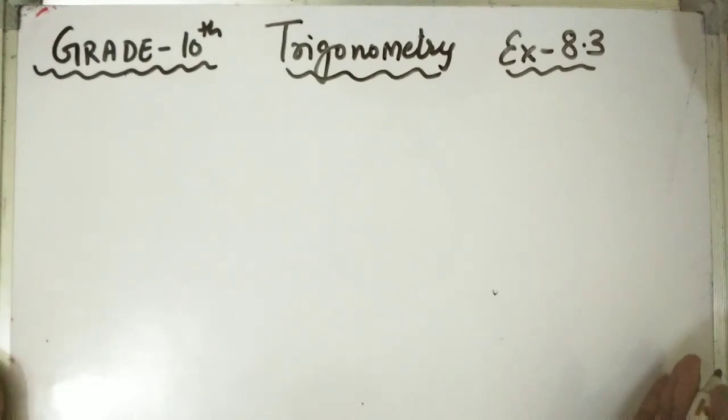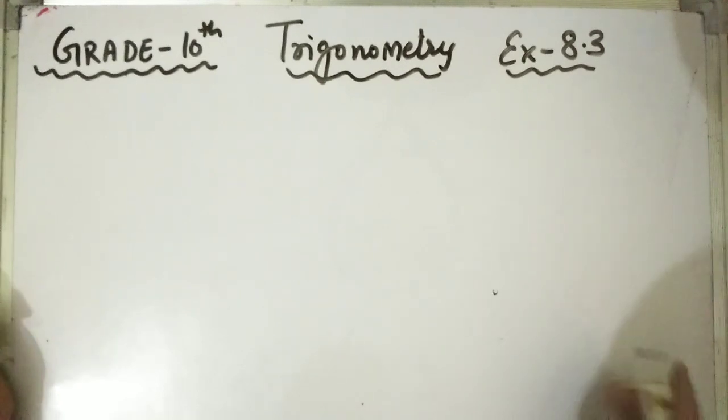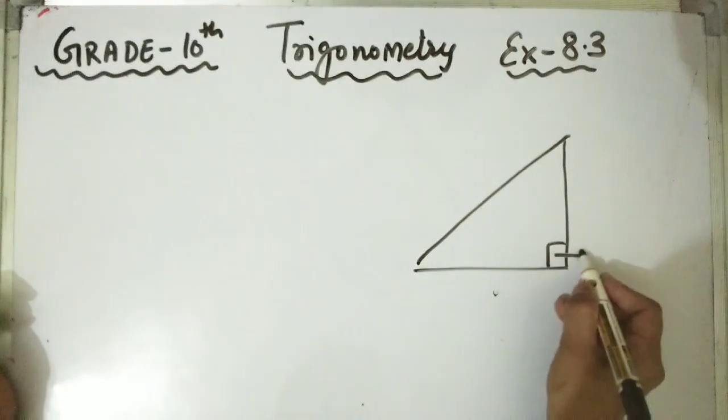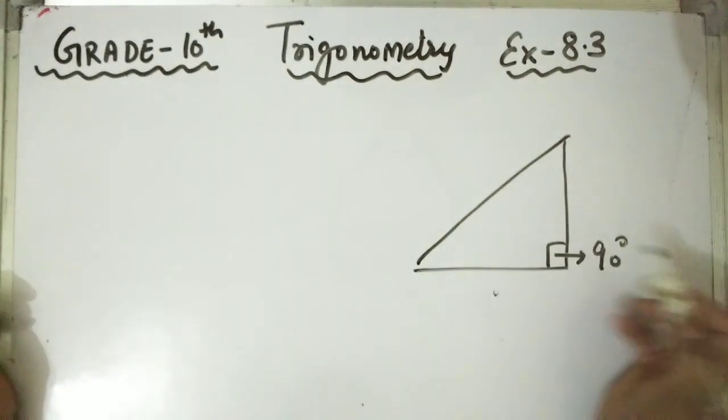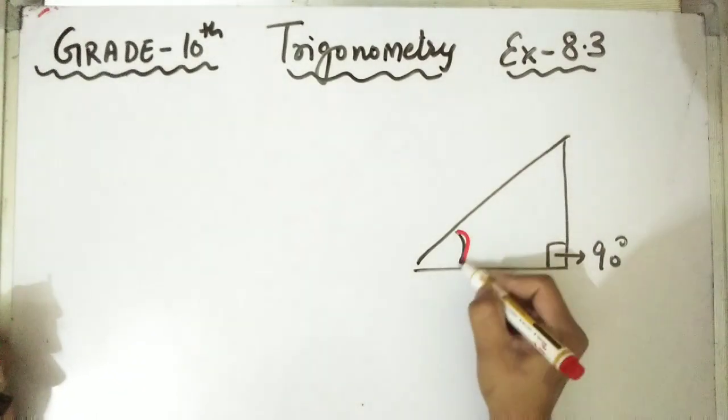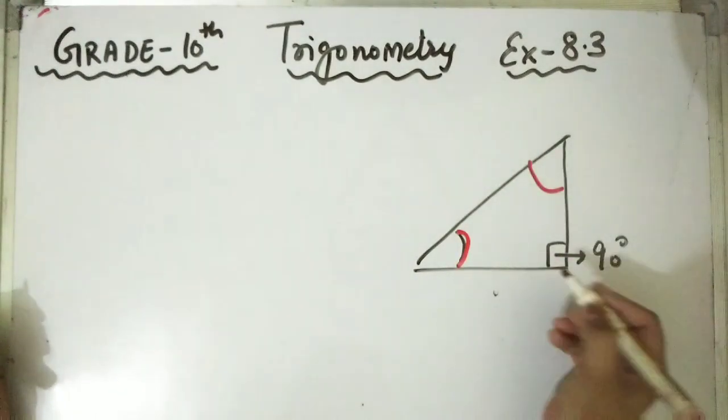So today in this session we are going to discuss the complementary angles, because in a right angle triangle you know that one angle is 90 degrees and the sum of the other two angles will be 90 degrees.